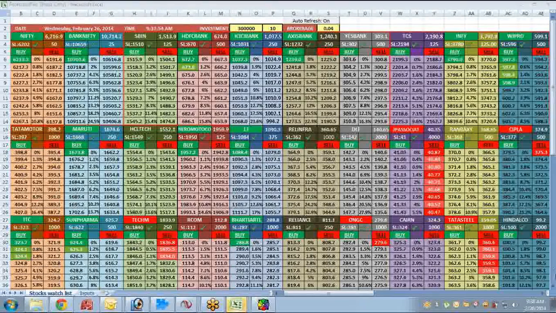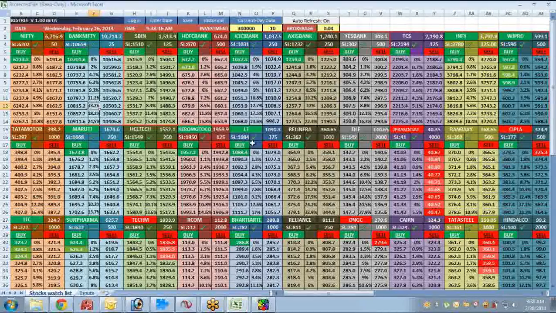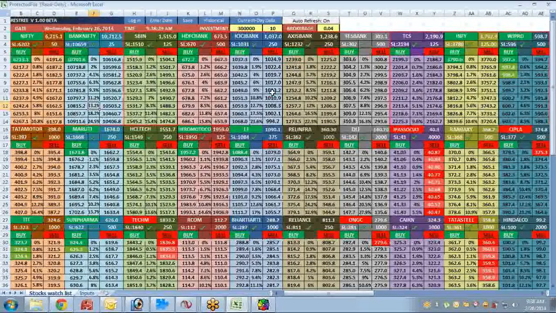So Sun Pharma, I think now we have Sun Pharma also. So this is a very simple error. The reason why that error happens is when the internet and the code gets disconnected, we get that error. So once you click on auto refresh again, it gets reconnected.